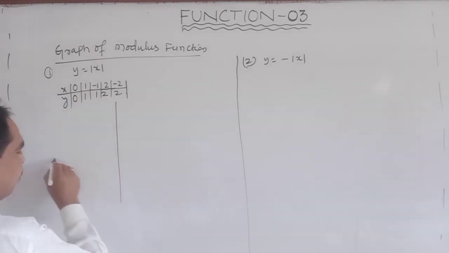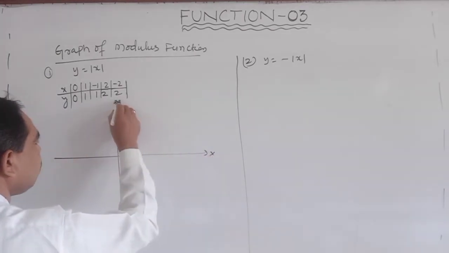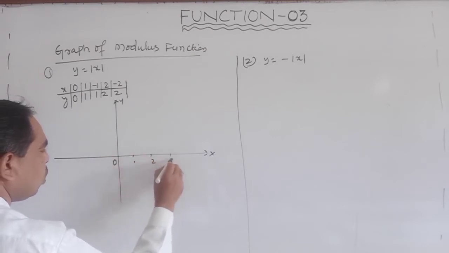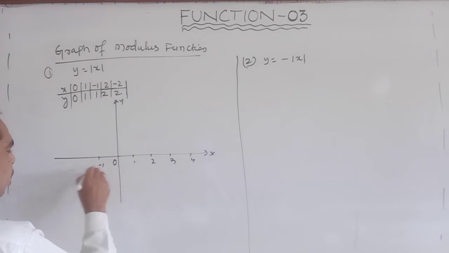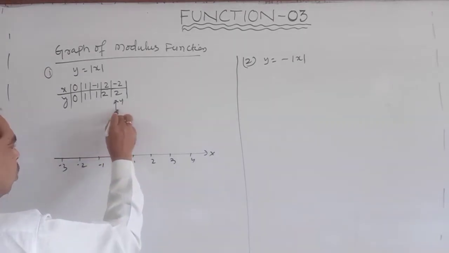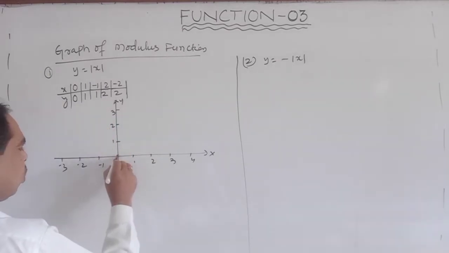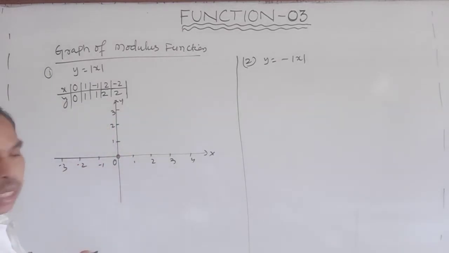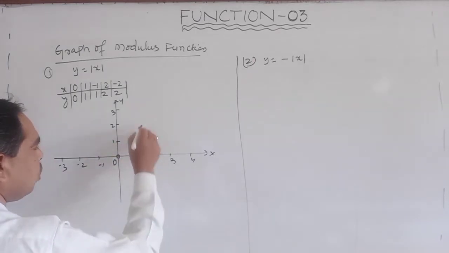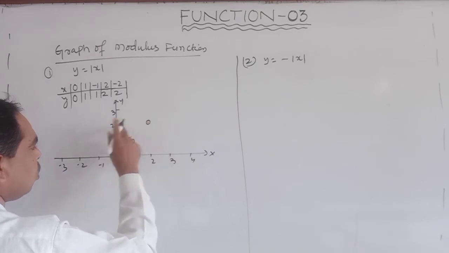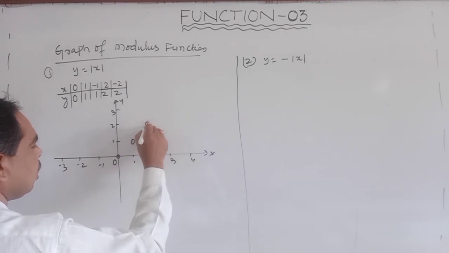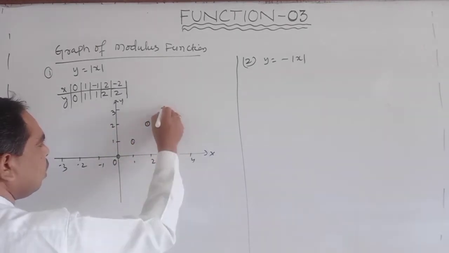This is the x axis, this is the y axis, this is the origin. This is 1, 2, 3, 4, minus 1, minus 2, minus 3. So x is 0, y is 0. x is 1, y is 1. x is 2, y is 2. x is 3, y is 3.